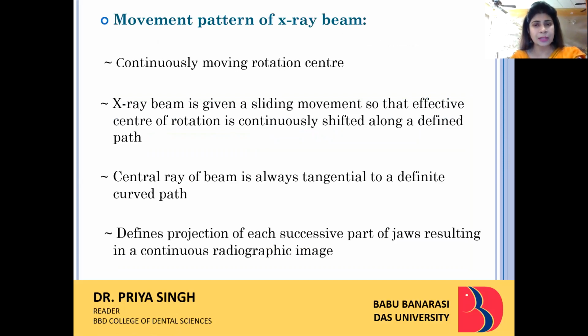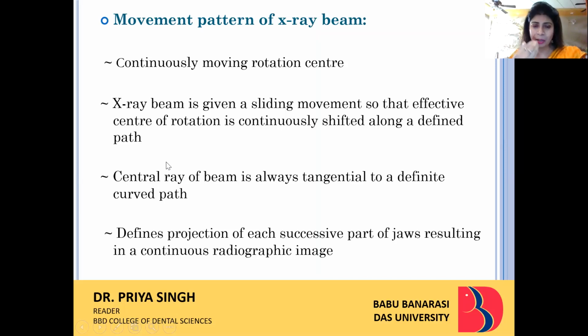Now the movement pattern of the X-ray beam, a continuously moving rotation center, as we have seen, will be first for the anteriors, that is the incisors, then for the premolars, and then the molars. So a continuously moving rotation center will be there. The X-ray beam is given a sliding movement so that the effective center of rotation is continuously shifted along a defined path.